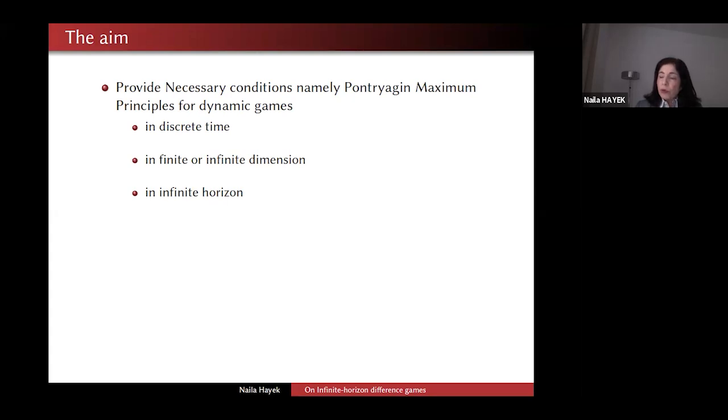When we talk about weak principles, it means that the optimal strategy will be such that the differential of the Hamiltonian with respect to the strategy at that optimal strategy is 0. Whereas if we talk about strong Pontryagin maximum principles, the optimal strategy gives the Hamiltonian the highest value among all the admissible strategies.